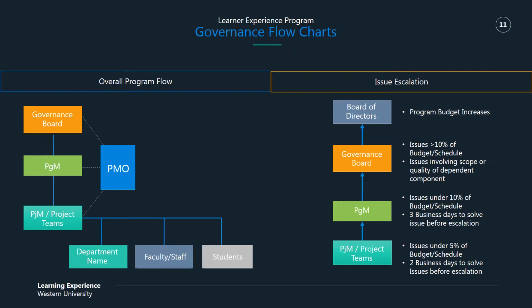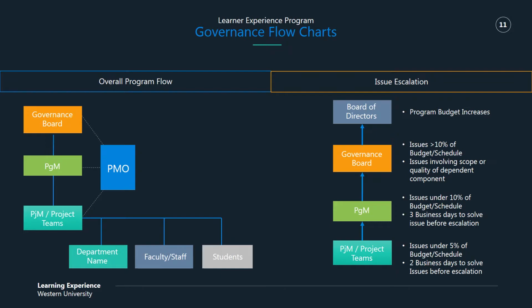Now the PMO, the Program Management Office, will be assisting all of our program level activities and do various activities for each level. So for our governance board, they're going to be doing more data analysis. For our program manager, they're going to be updating spreadsheets, tracking certain items.